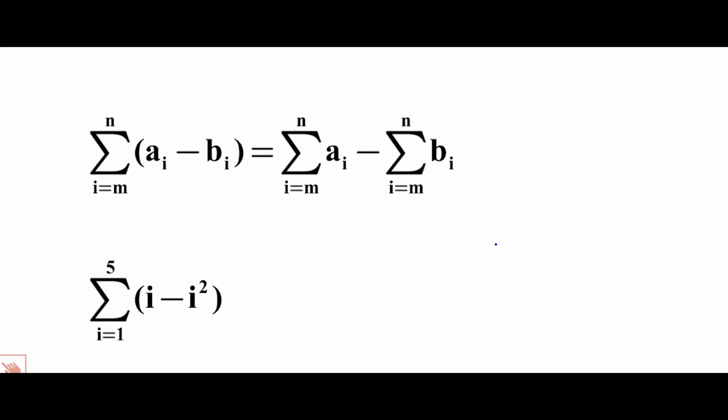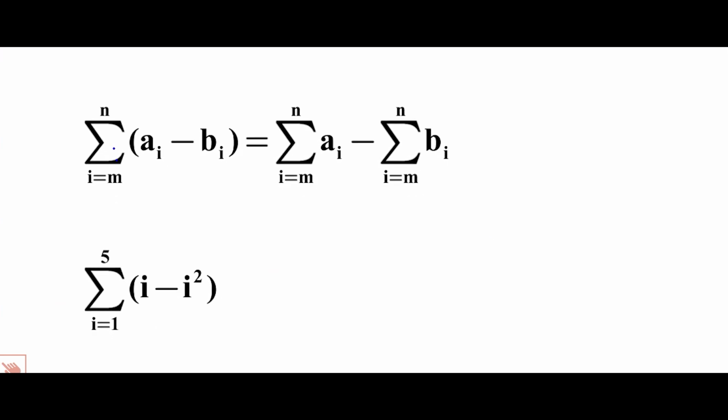The difference of two expressions. Similarly, the sum of (a_i minus b_i) from i equals m to n equals the sum of a_i from i equals m to n minus the sum of b_i from i equals m to n. For example, the sum of i minus i squared from i equals 1 to 5.